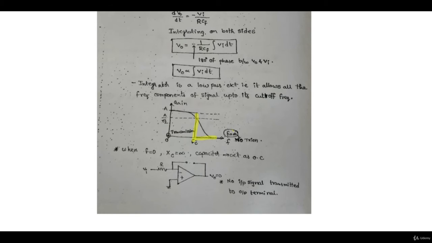At F equal to infinity, no transmission will be there, and at F equal to 0, full transmission will be there, and the gain decreases as you increase the frequency. Fc is the 3 dB frequency, where the gain is 1 divided by root 2, that is 3 dB down frequency.